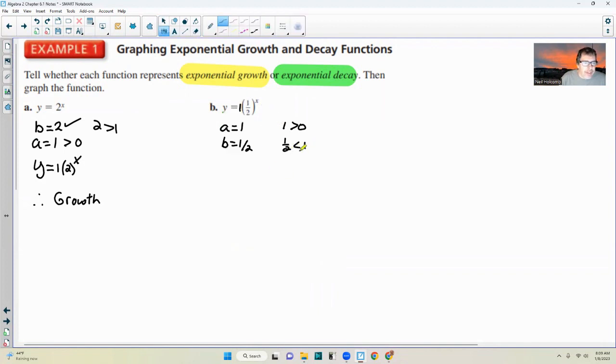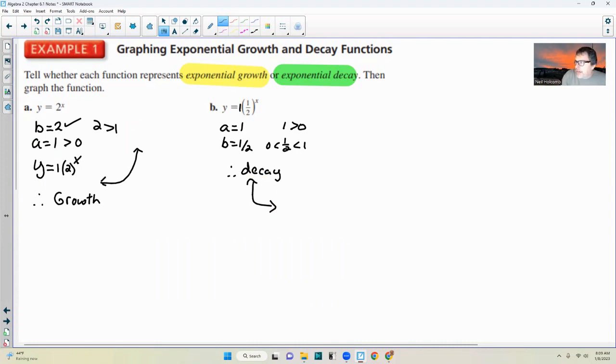Okay, 1/2 is less than 1, but it's greater than 0. So when we have B between 0 and 1, and A is greater than 0, therefore we can conclude that this is a decay function. Okay, so growth functions look like this, and decay functions will look like this. So we're going to graph these now.